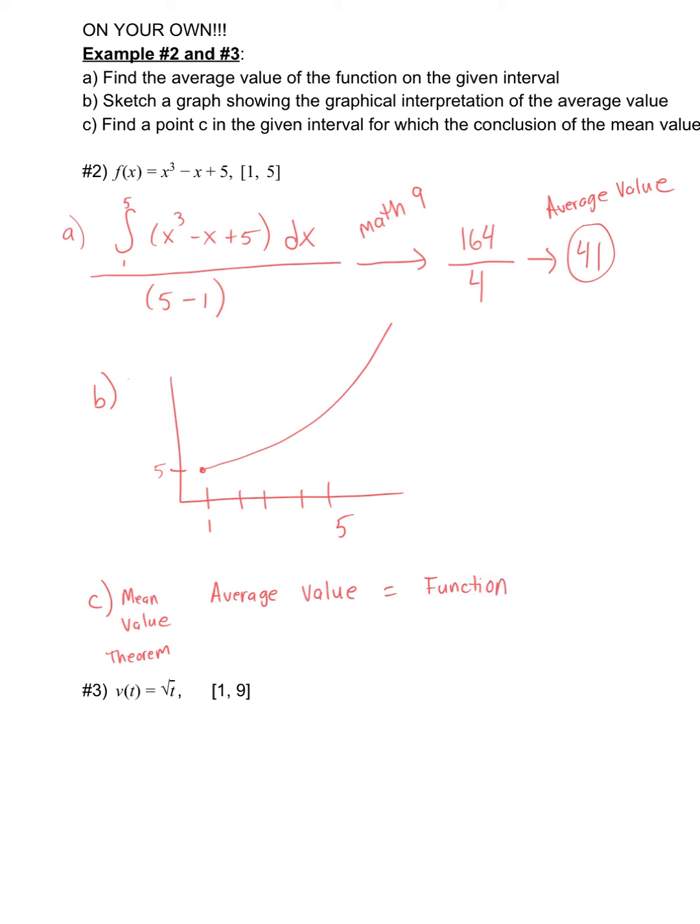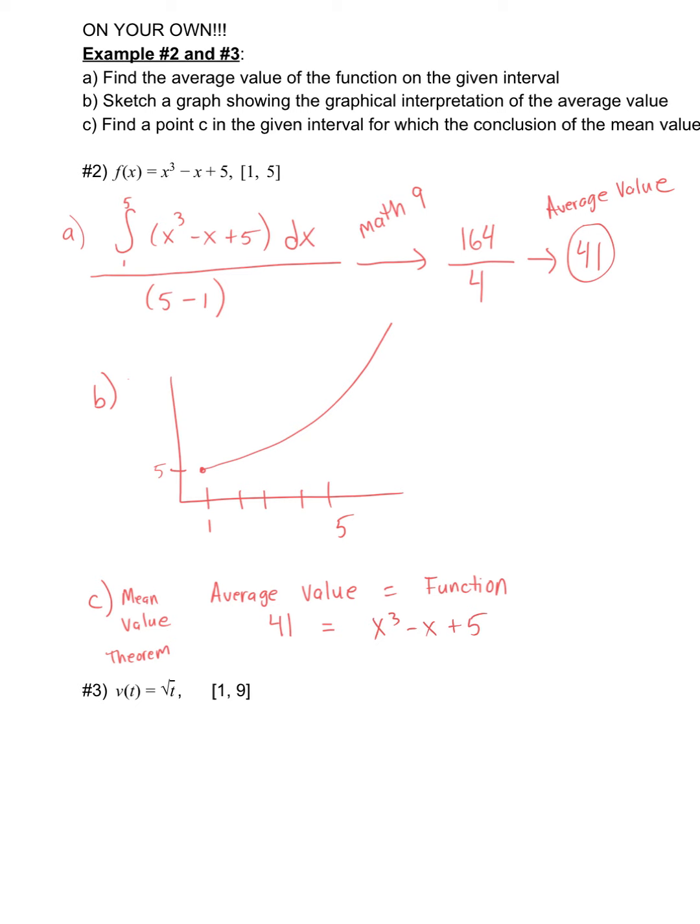Okay? So our average value we just found is 41. So we're going to plug that in right here. So 41, and we set that equal to our function. So that's equal to x cubed minus x plus 5. And then we just have to solve that algebraically.